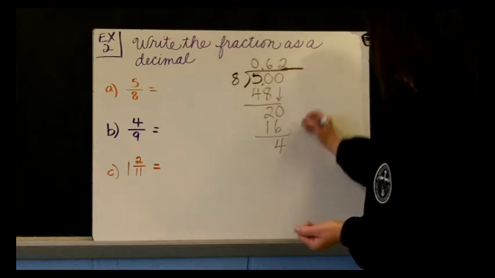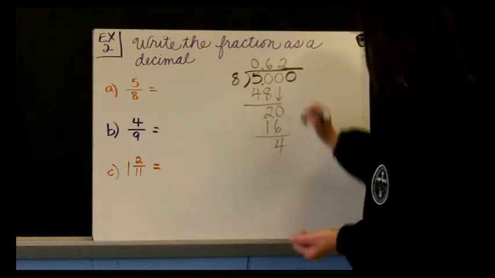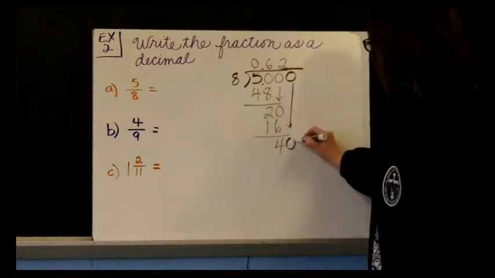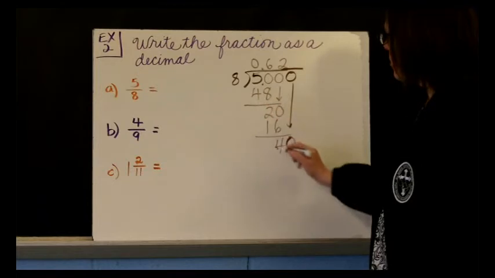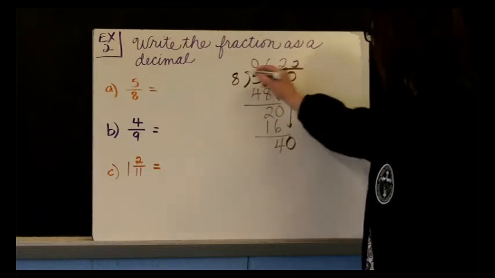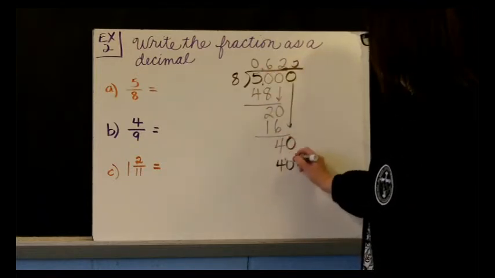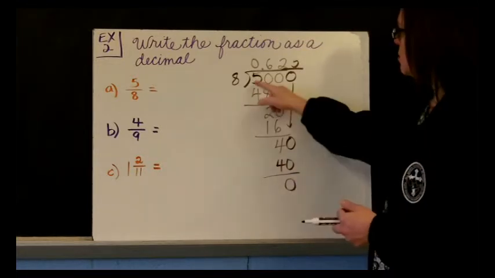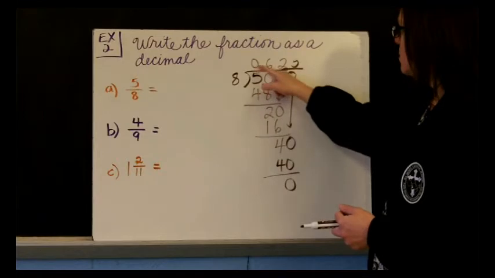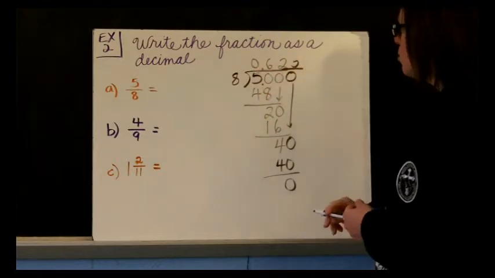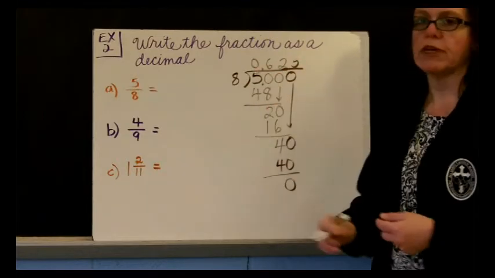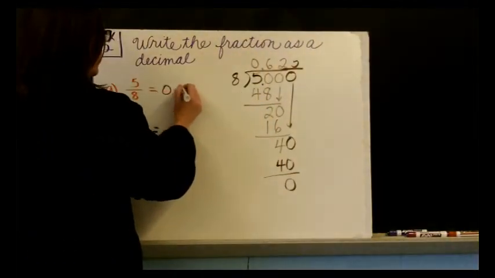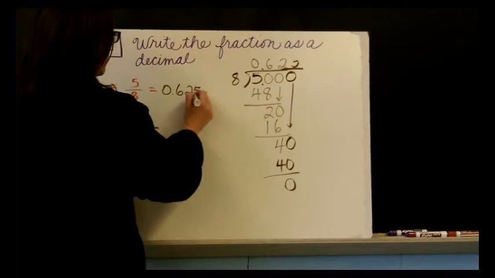So what we're going to do is I'm going to annex another 0, and I'll bring that down and put it next to our 40. 8 goes into 40 5 times. 5 times 8 is 40. We ended up with 0. Our division ended. So 5 divided by 8 is 0.625, which means that the decimal equivalent of 5/8 is 0.625.